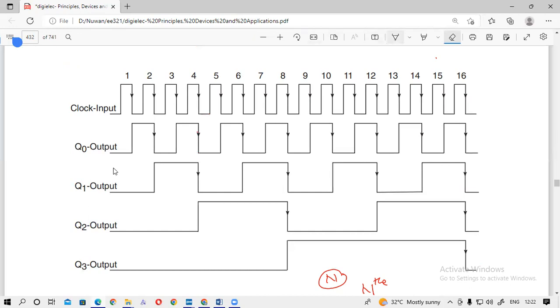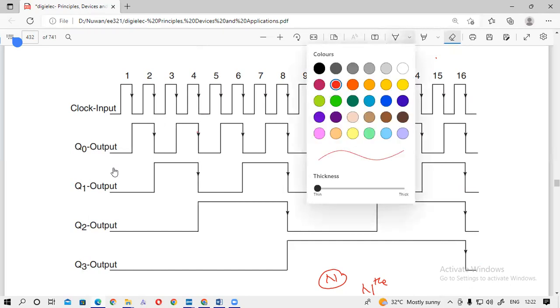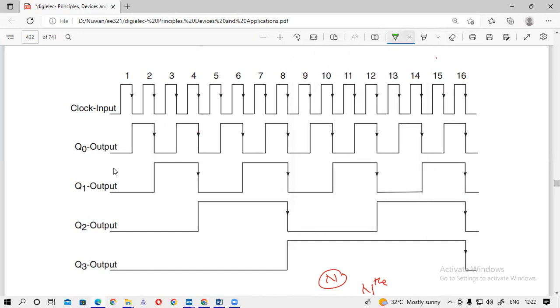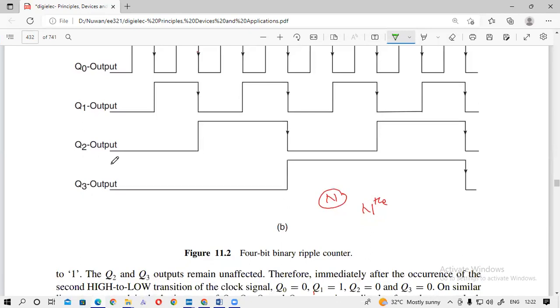But the understanding is important, no? If you are going to do a design, that understanding will be important. So try to understand that as much as possible. If you need any help, please tell me, then I can explain it again.